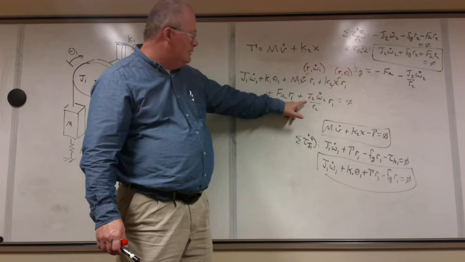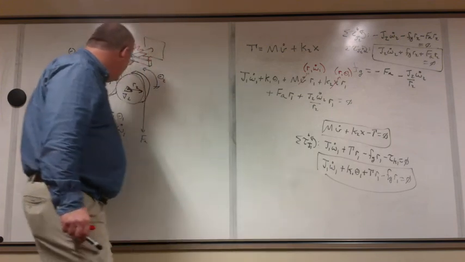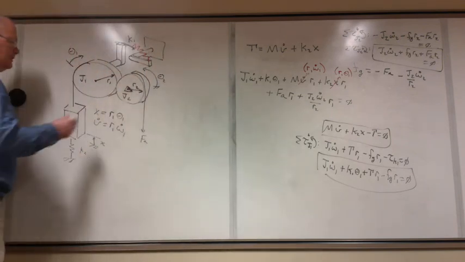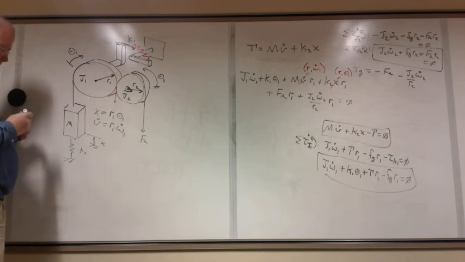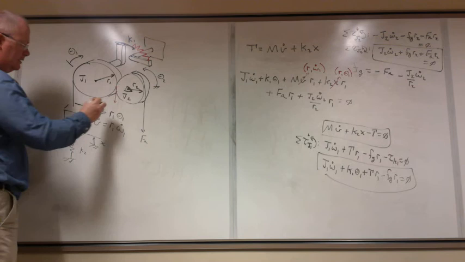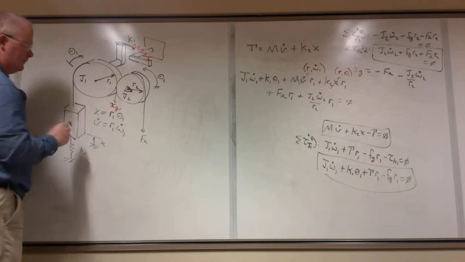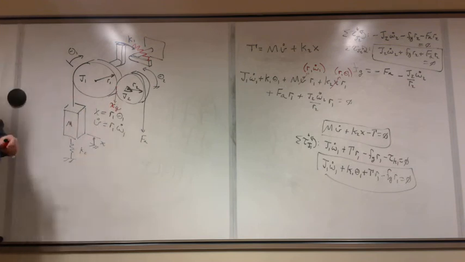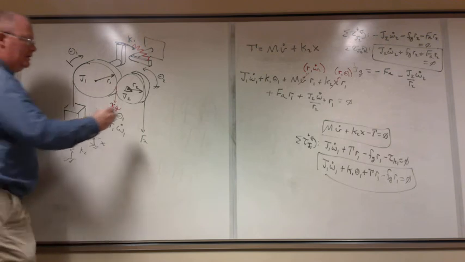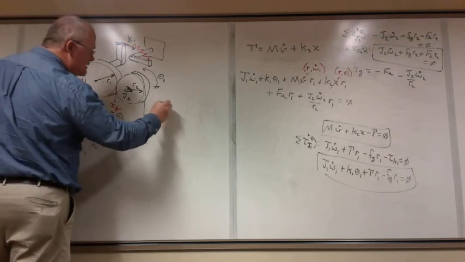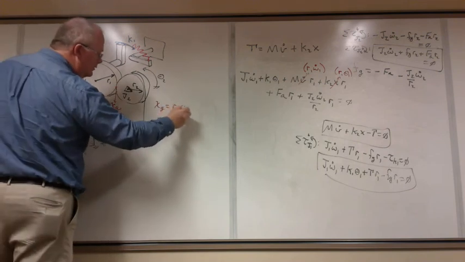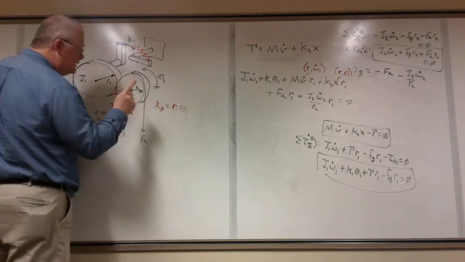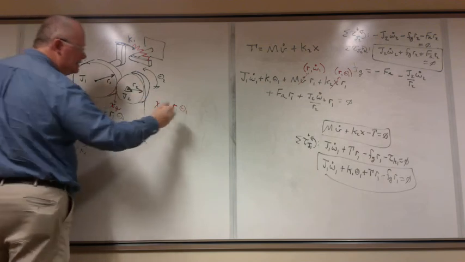Omega 2 dot. Well, how do we get omega 2 dot? Well, we recognize that in here there's some displacement. I'm going to call that x sub g for the displacement at that gear tooth, if you will. And what I know is that x sub g is equal to r1 theta 1 and it's r2 theta 2.